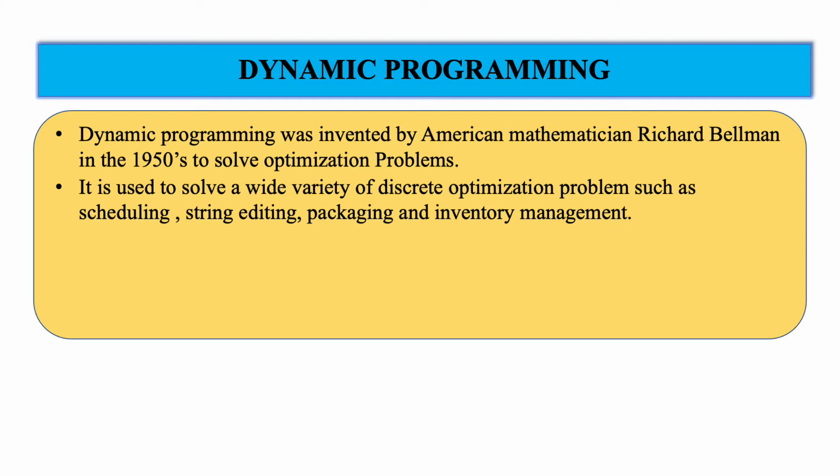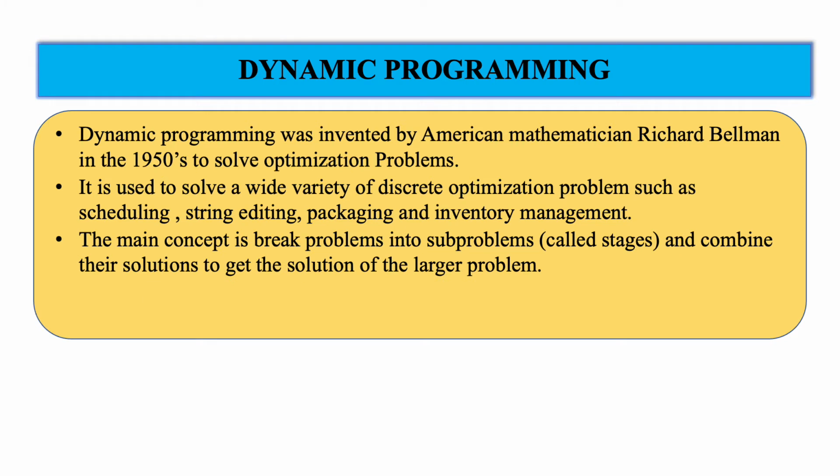The main concept is to break the problem into sub problems, which are called stages, and combine their solutions to get the solution of the larger problem. Basically, suppose we have a large optimization problem.